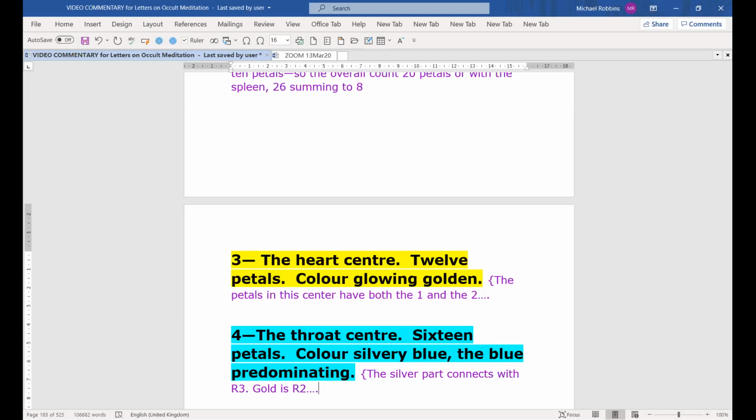16 petals is interesting. Of course, we could take the 1 and the 6 separately, but we can also combine them, and we find that they equal the number 7 when added numerologically.